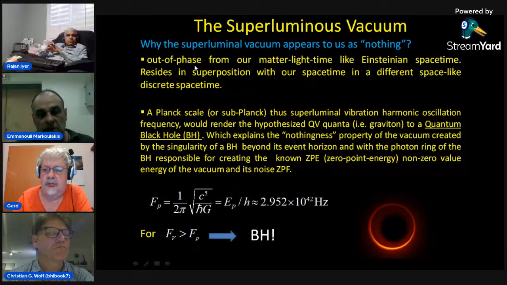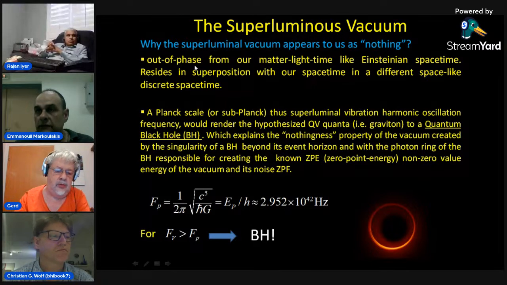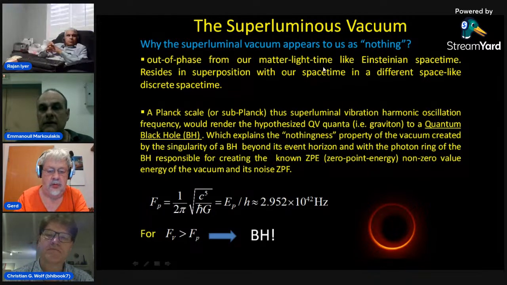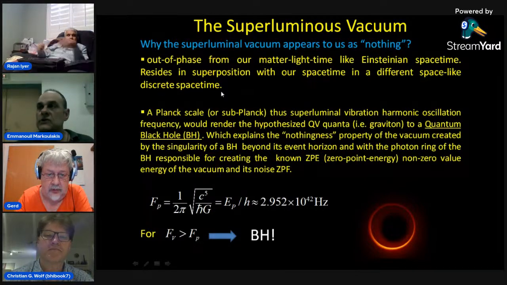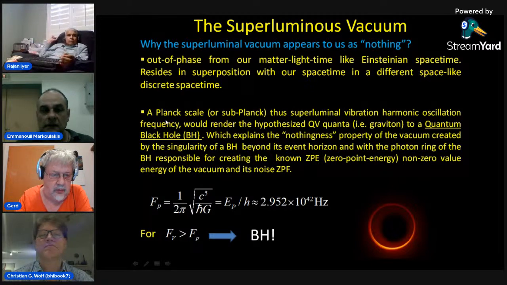The superluminal space-time where the gravitons reside, the graviton condensate, is out of phase from our matter-like, time-like Einsteinian space-time. So it resides in superposition with our space-time in a different space-like discrete space-time.